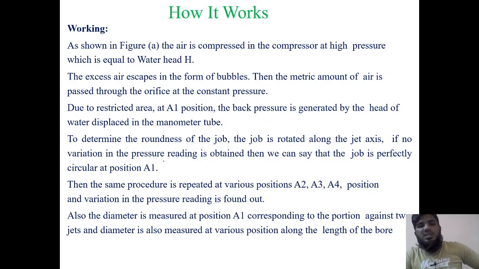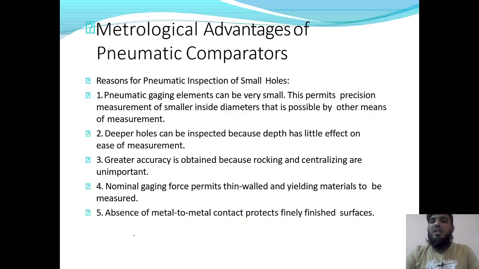If no variations in the pressure reading are obtained, then we can say the job is perfectly circular at position A1. Then the same procedure is repeated at various positions like A2, A3, A4, and variations in the pressure reading are found out. Also, the diameter is measured at position A1 corresponding to the proportion against the two jets, and the diameter is also measured at various positions along the bore.